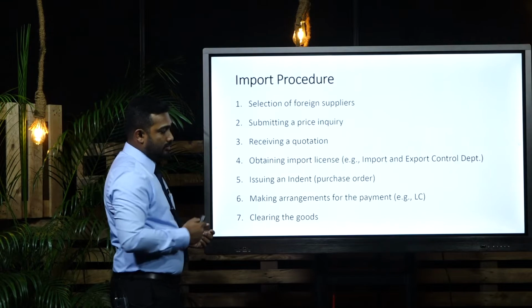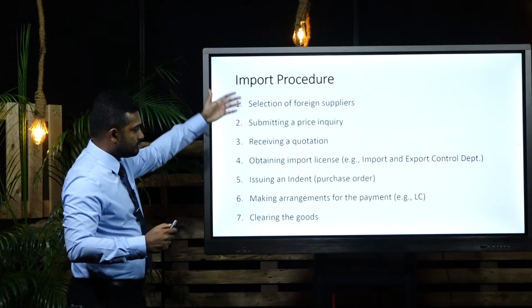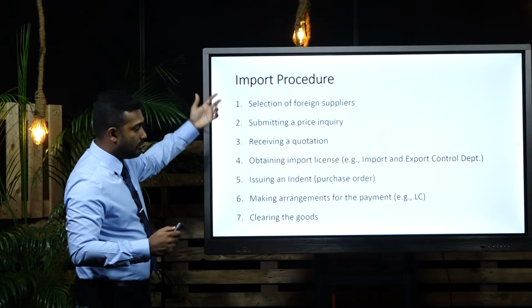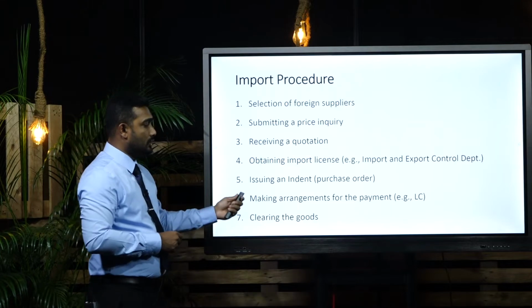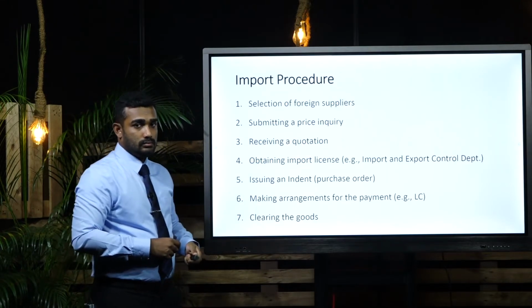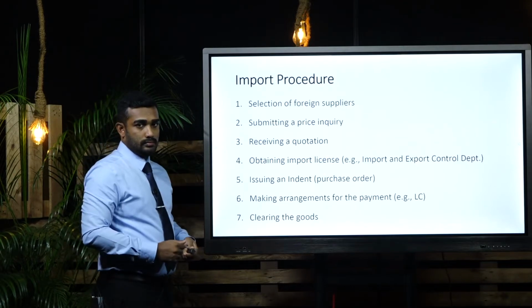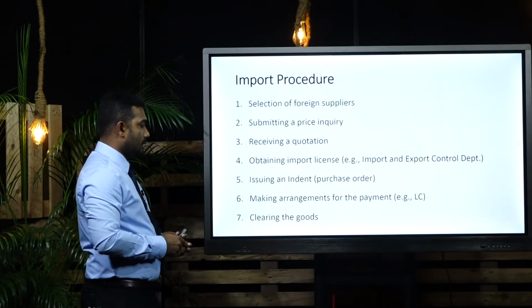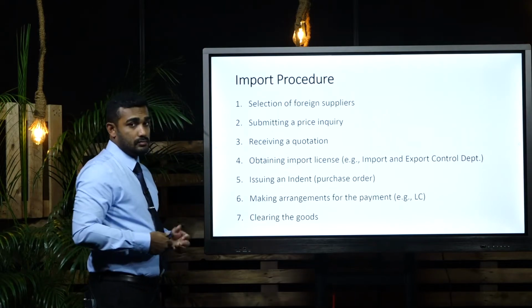Issuing an indent, purchase order. So, once everything stated above is done, then you can issue a purchase order, right. You are ordering the product, and at the same time you have to make the arrangement for the payments.